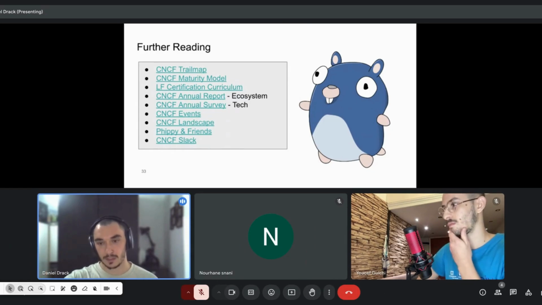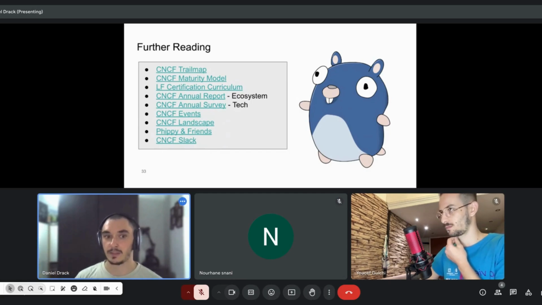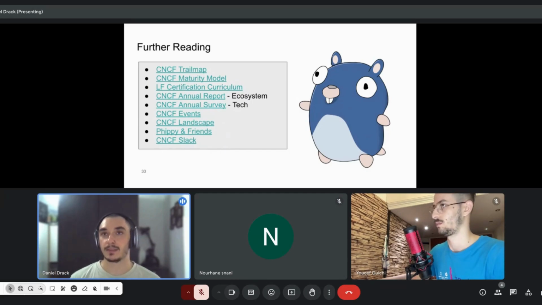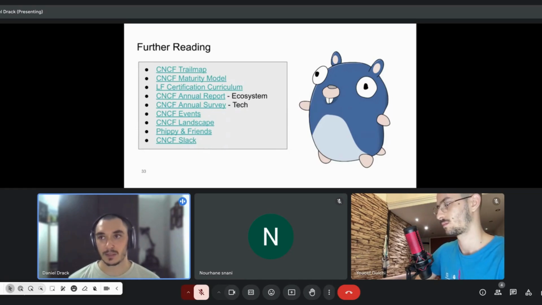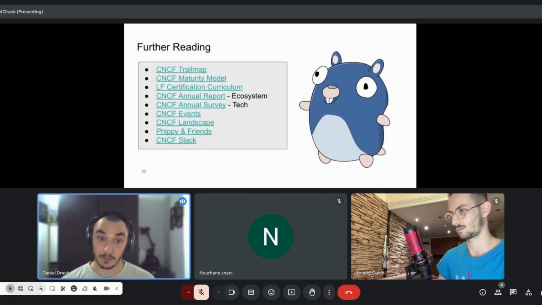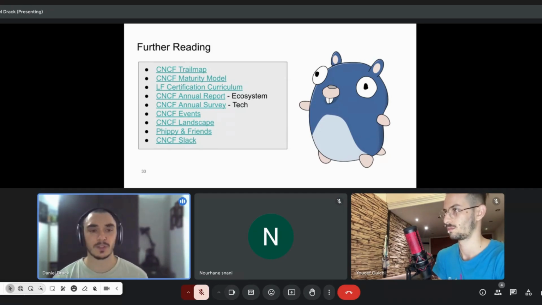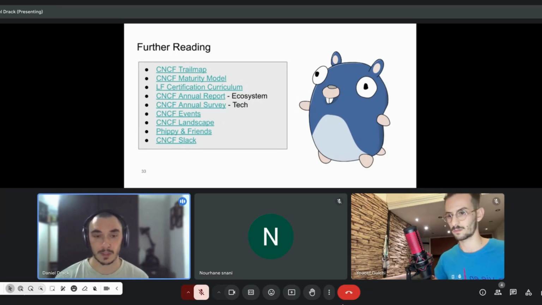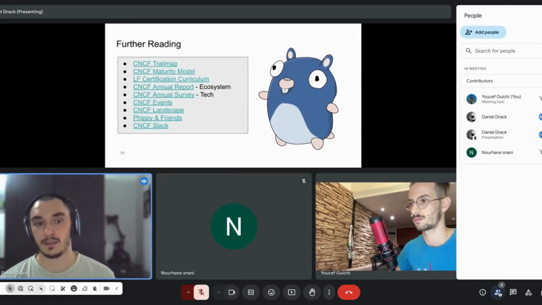So start with containerization, orchestration, security, observability, etc. The maturity model is a more management and organizational focused document that will describe how you actually develop your organization through certain maturity levels on certain domains. Definitely worth reading. I also included the certification curriculum, which will tell you what you need to know for the certifications I mentioned, the application developer, KCNA, CK, etc.